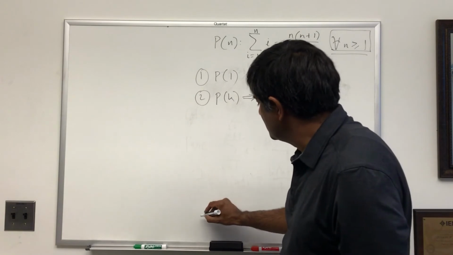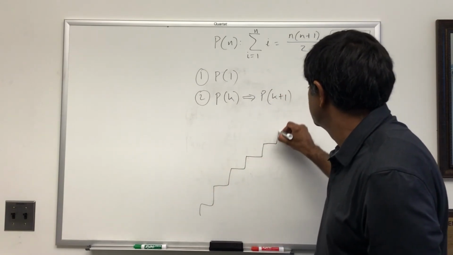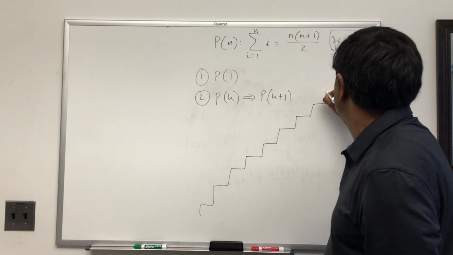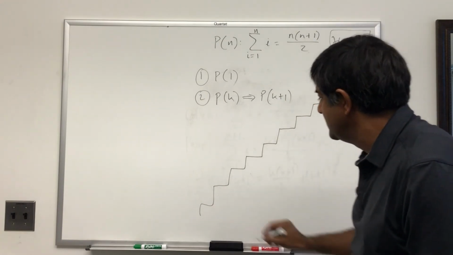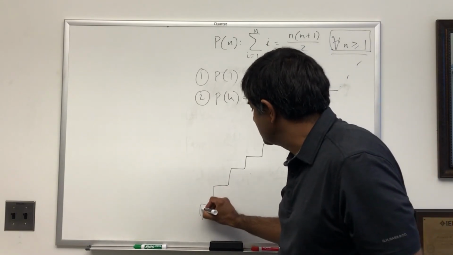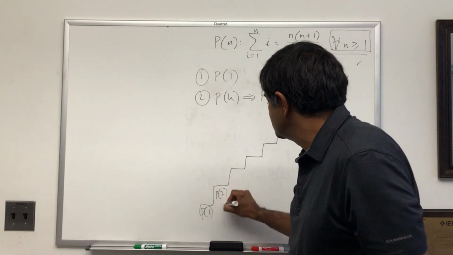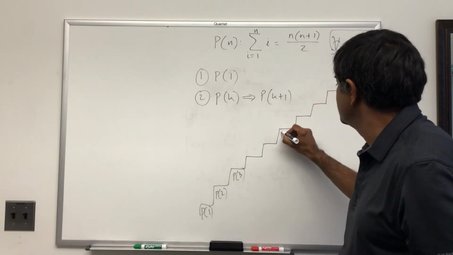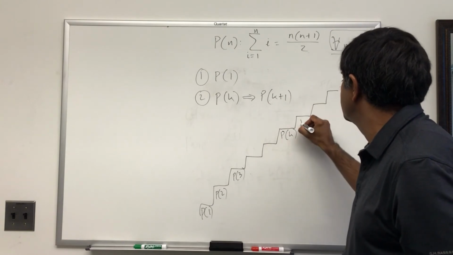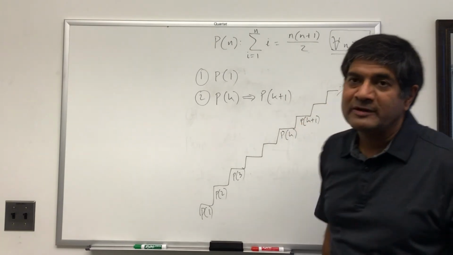Here's how I like to think about this. I like to think of all of these propositions as forming an infinite staircase, kind of into the clouds. The first step corresponds to P1, the second to P2, the third to P3. At some point maybe I have Pk, Pk plus 1, and this goes on forever.